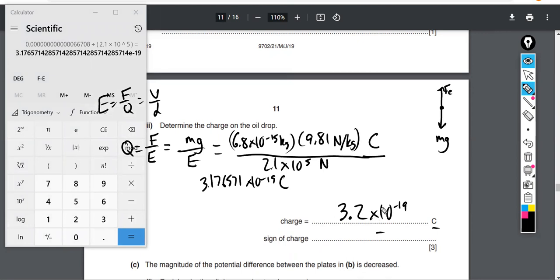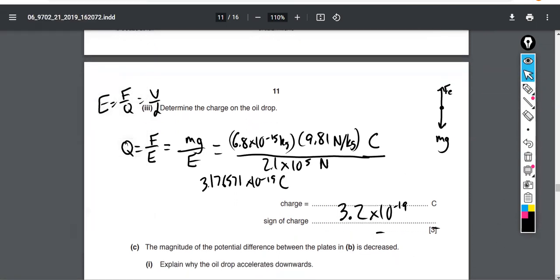If I divide this by 1.6 by 10 to the negative 19, my calculator will show the number 2. That's telling you I've got 2 elementary charges, 2 electrons. So that oil drop is in a uniform electric field, and there are 2 excess electrons deposited on its surface, giving it just enough force in that electric field so that it just moves down at constant speed, showing that it's in equilibrium.